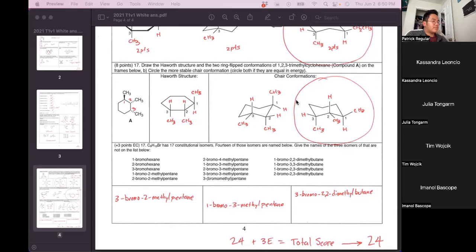And then for the chair flip, again, just flip-flop them from that position and then choose the most stable conformation. The one on the right has 2 out of the 3 methyl groups in equatorial positions. So that's the most stable one. Because this one only has 1 CH3 in the equatorial position.